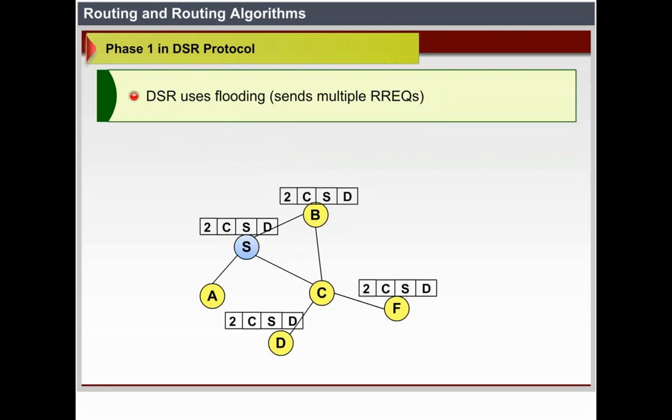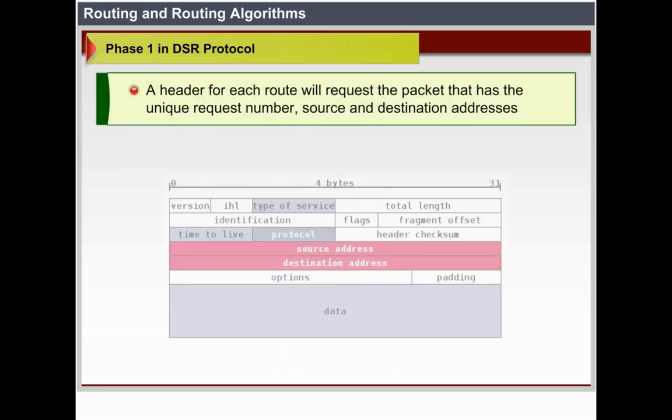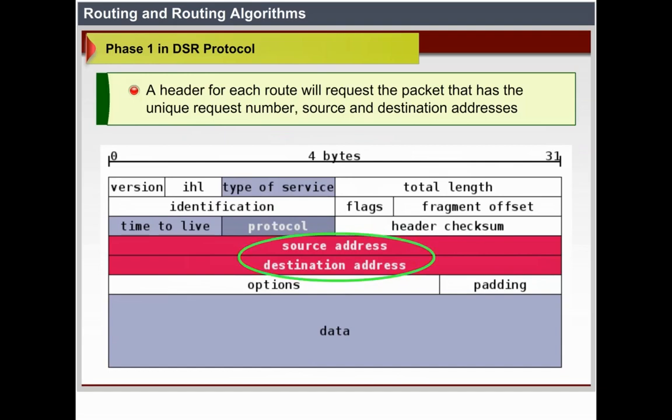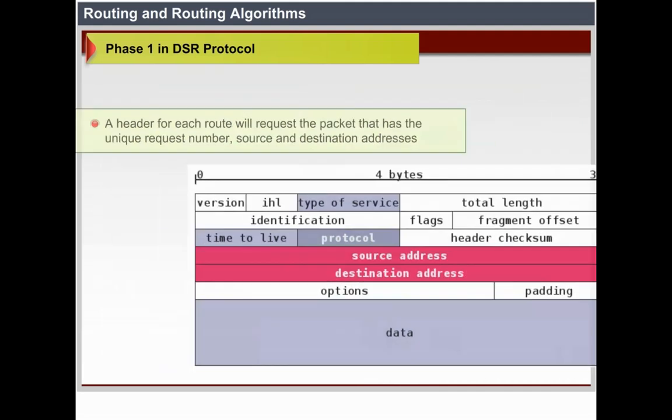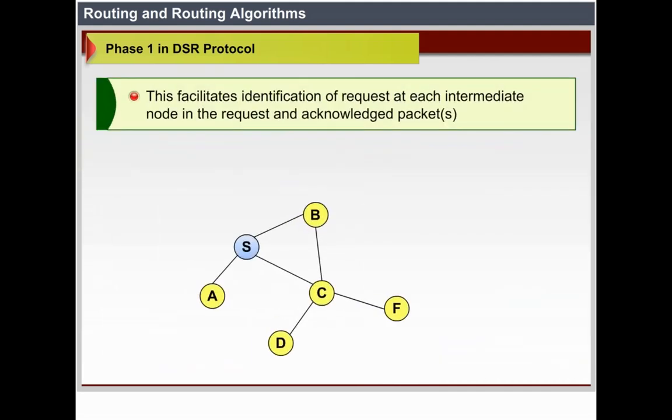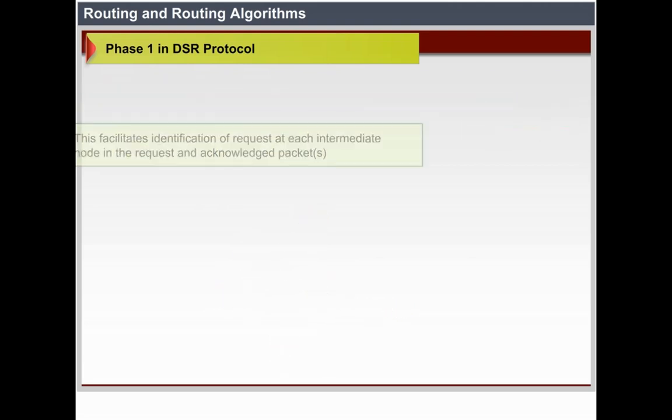DSR uses flooding and sends multiple RREQs. A header for each route request packet has the unique request number and source and destination addresses. This enables identification of request at each intermediate node in the request and acknowledgement packets.